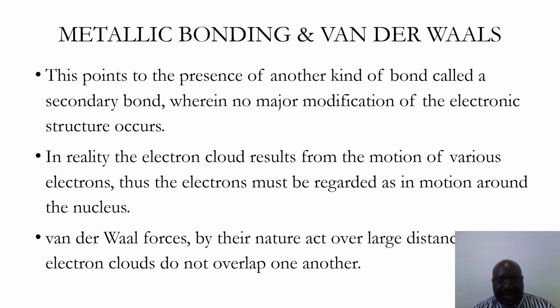So we find that in the inert gases, neon and argon and others, the atoms arrange themselves differently. This points to the presence of another kind of bond called a secondary bond, wherein no major modification of the electronic structure occurs. In reality, the electron cloud results from the motion of various electrons. Thus, electrons must be regarded as in motion around the nucleus.